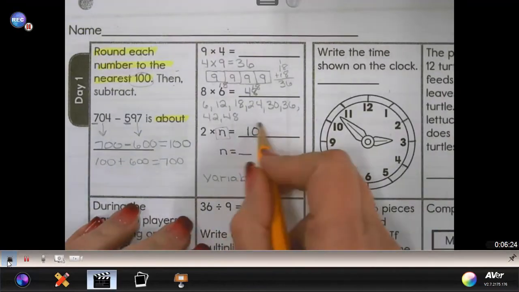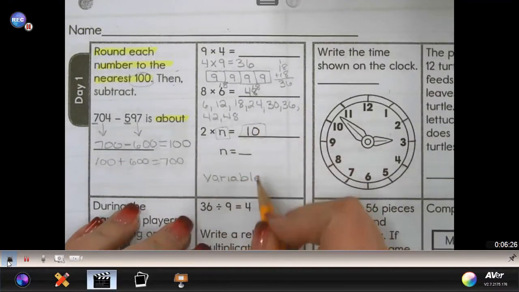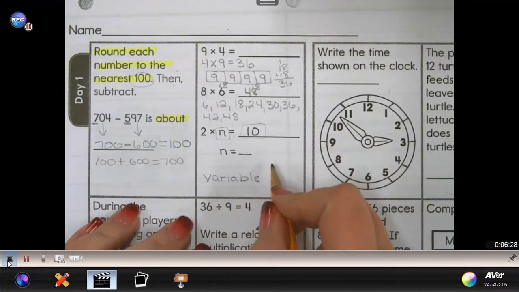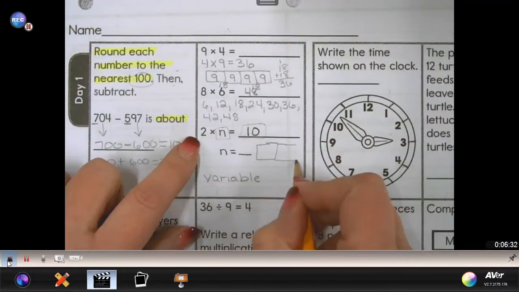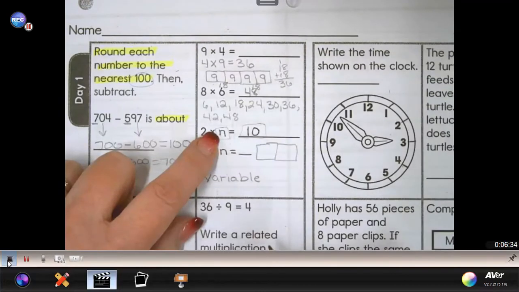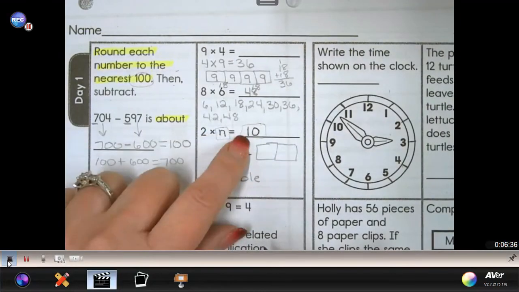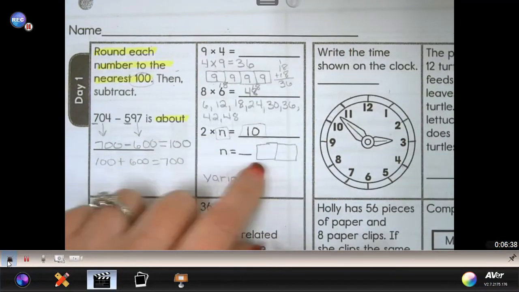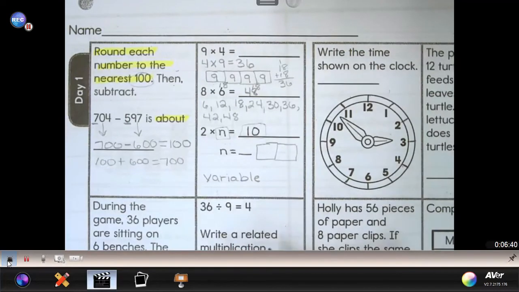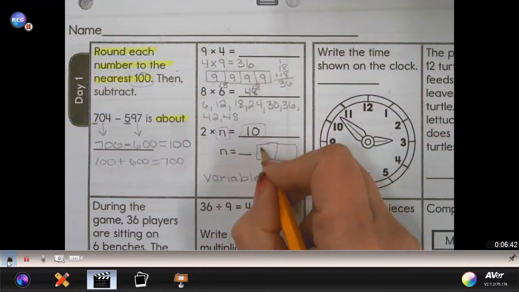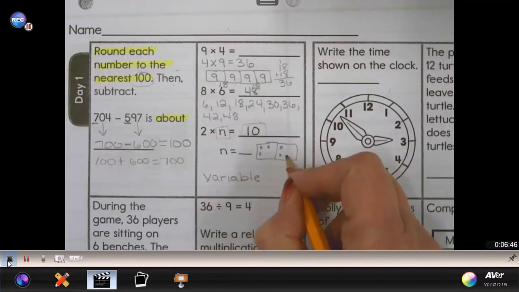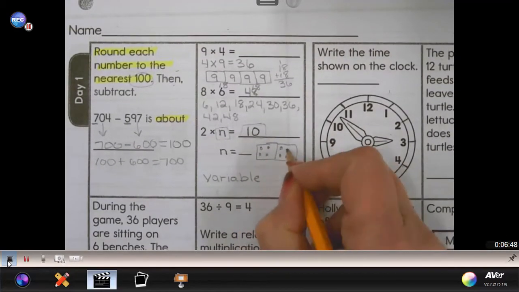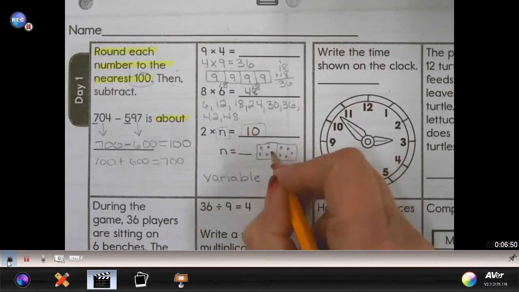Well, if I have 10 objects, because that's my total number of objects, and I know that there are 2 groups, well, I want to know how many are in each group. That means I have to take 10 and separate them equally. So I go 1, 2, 3, 4, 5, 6, 7, 8, 9, 10.